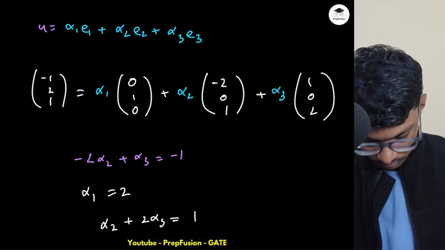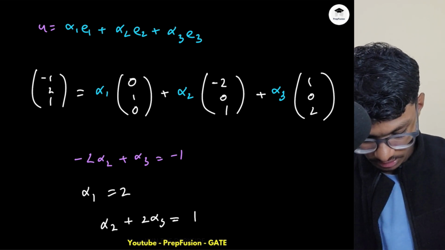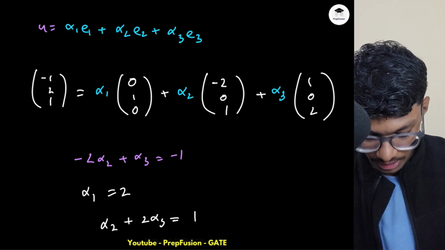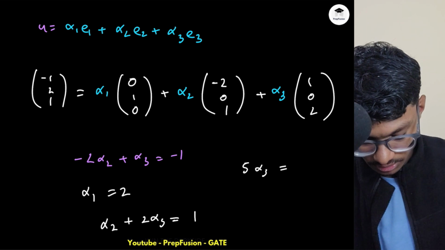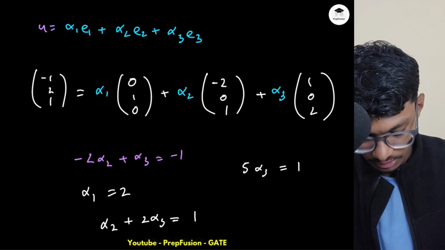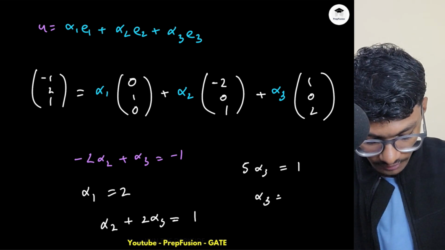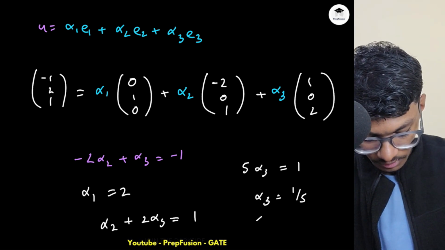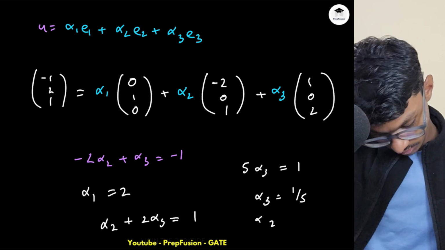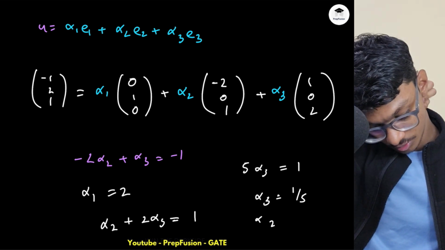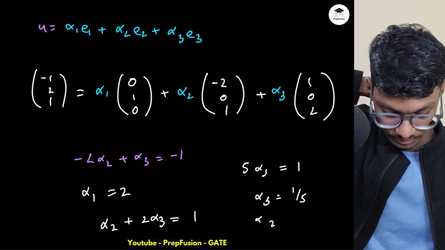Now if I just want to find this, multiply by 2 and then add. So this is 2 alpha 3, then this is 1, right? So alpha 3 will be equal to 1 by 5. So alpha 3 is 1 by 5, and alpha 2 will be, this is 2 by 5, and this is getting subtracted over there.